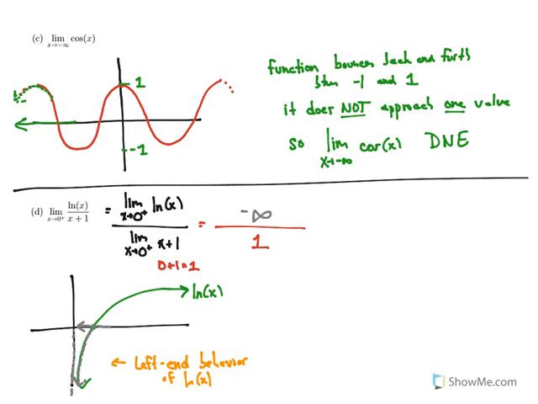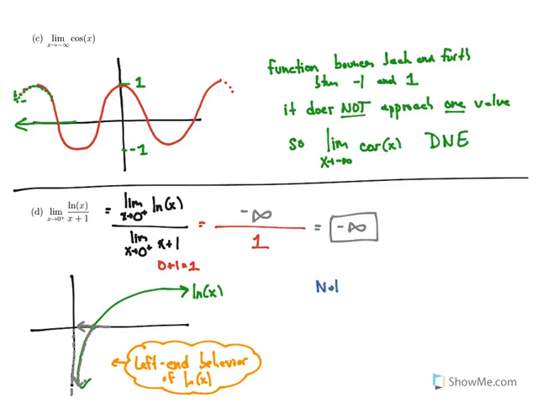If the very left end of the function is just going to 0, then that could also be the left end behavior. That's not a super important fact, but it's something that will pop up here and there. Note that our answer is negative infinity over 1, which is just the same thing as negative infinity. So there's our answer there.